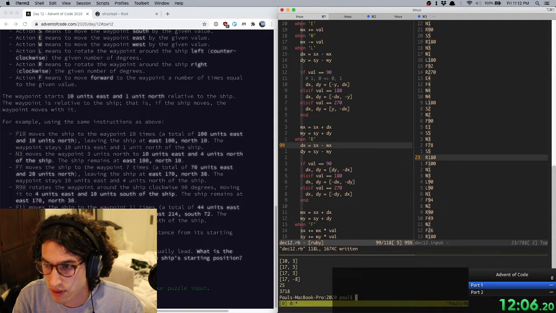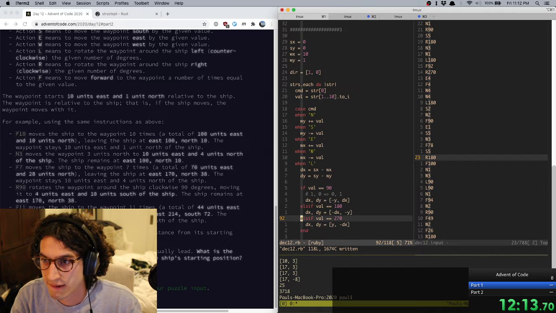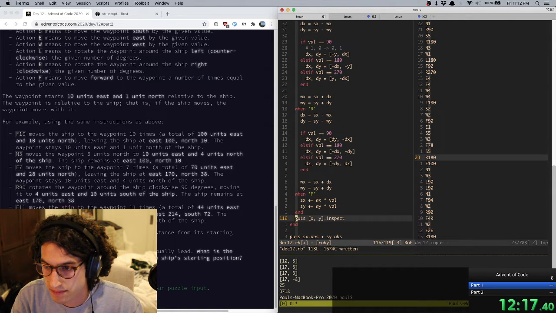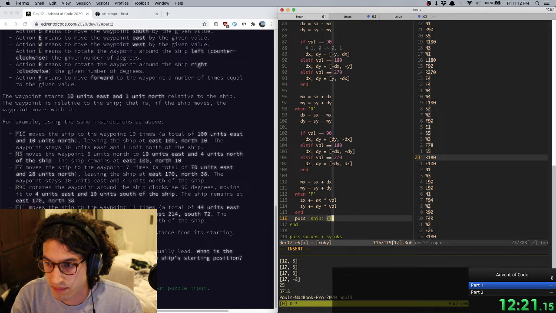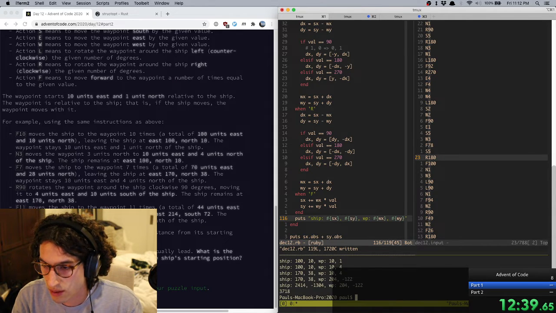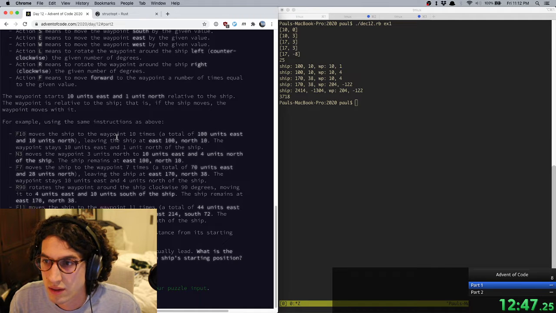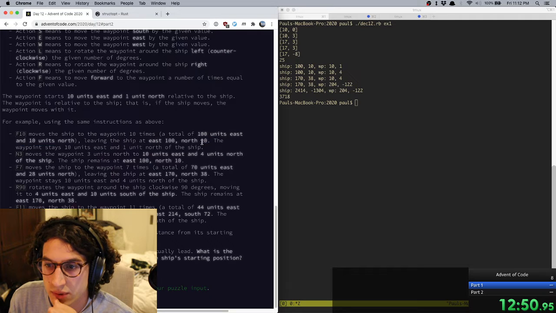Nope. Ship sx, sy, waypoint. 10, 10. Now it's at 10, 4, F7, 170, 38.